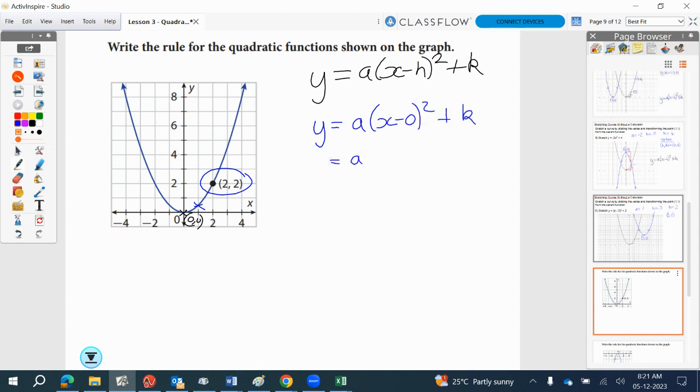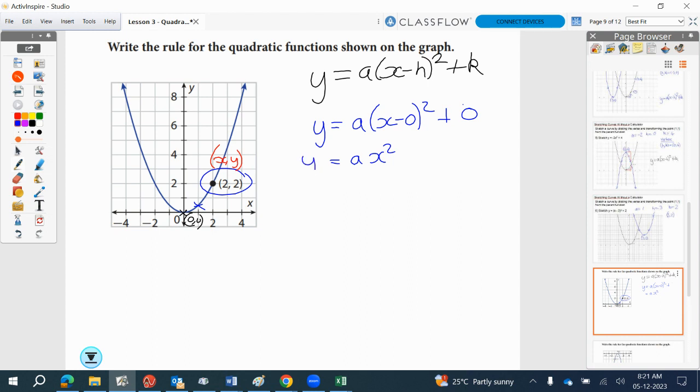That simplifies to a x squared. So if the vertex is at 0, 0, it will simplify to this. All we need to do is take this point. This point is an x value and a y value, like this, 2, 2.